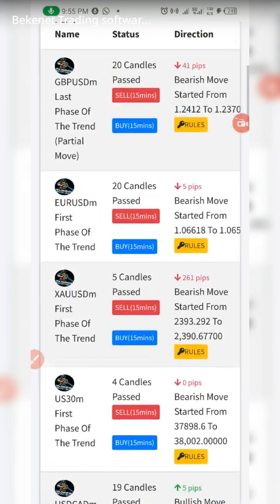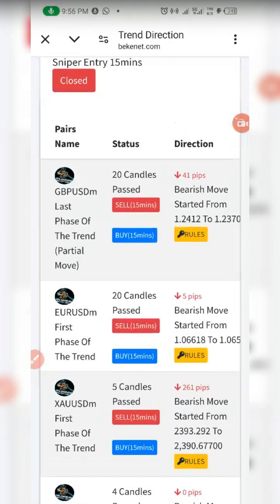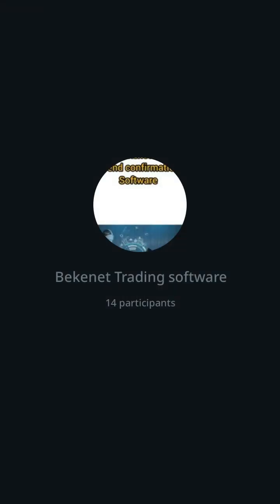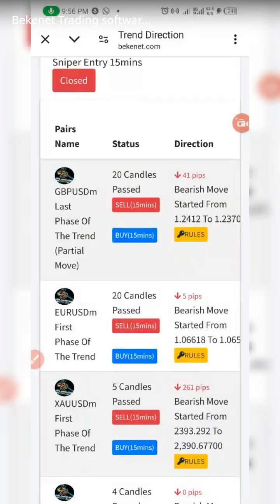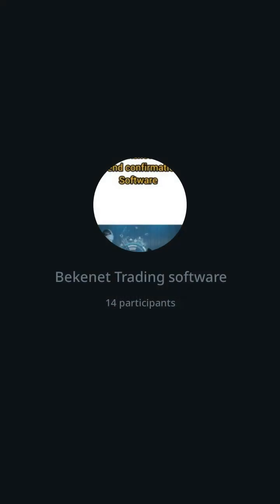My second question is, does the sniper have alerts too, the signals that come as messages, or is it just on the bigger time frame? Does this smaller time frame come as an alert?